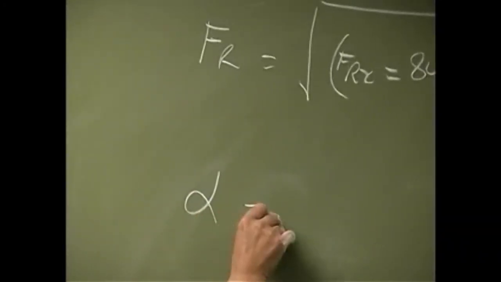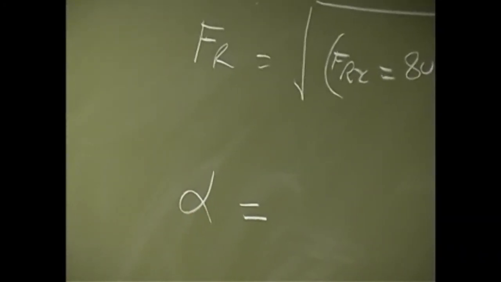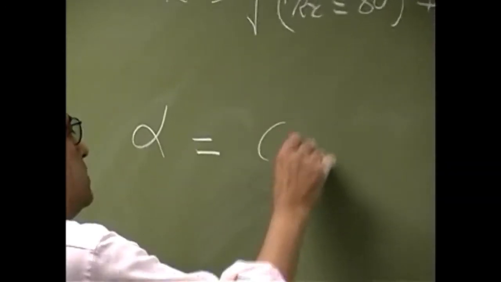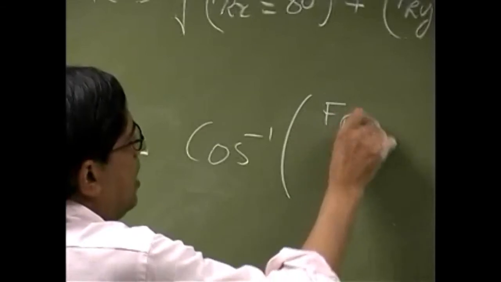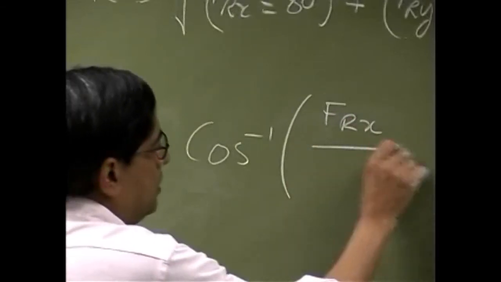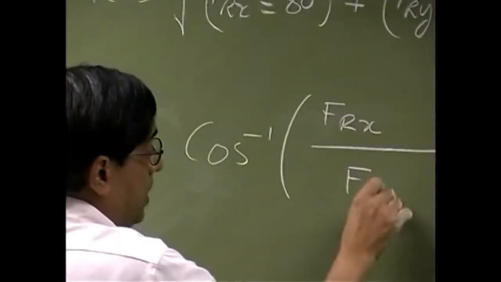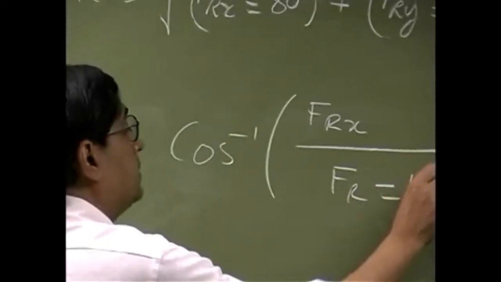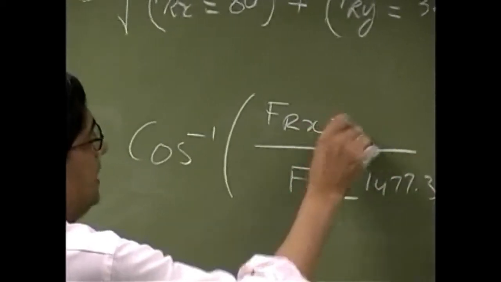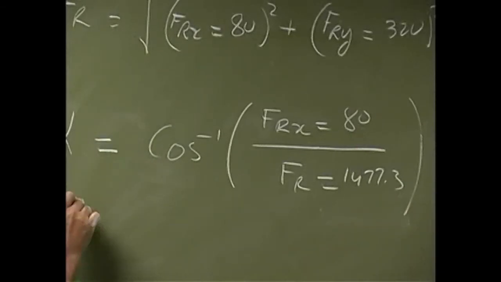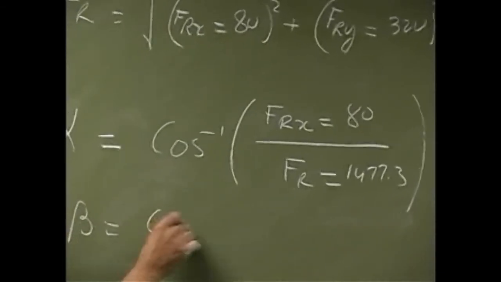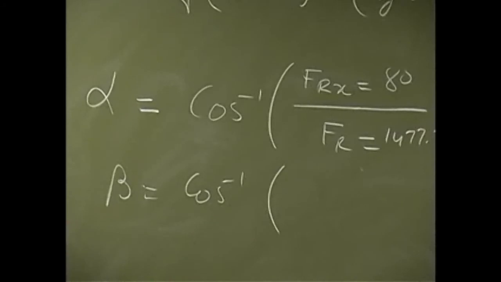Then your first angle, alpha, the angle the force is going to make with the x-axis, that's going to be cosine inverse Frx divided by Fr. Fr is 1477.3, Frx is 80. Then you have the second angle, which is beta. That's another cosine inverse.